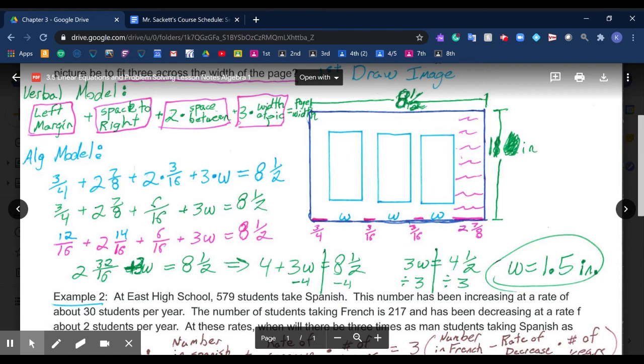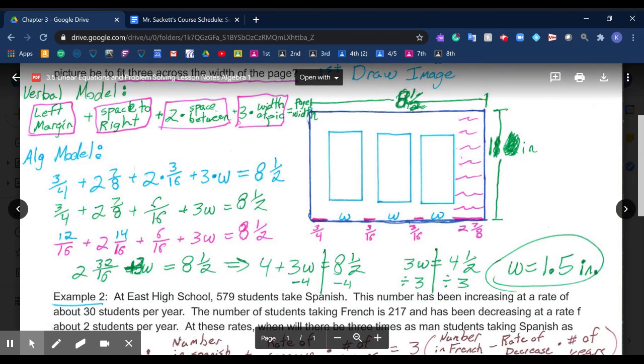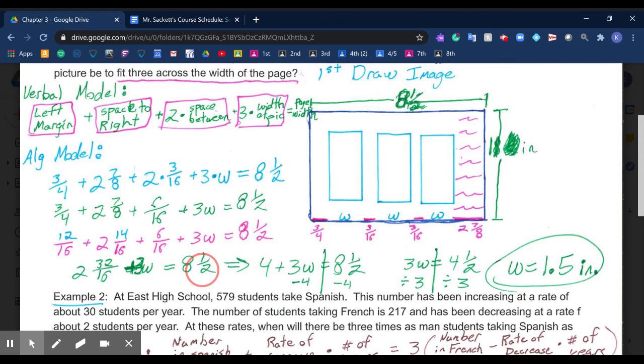And then the 6/16 just remains 6/16. So then if I add my 12/16, 2 14/16, and 6/16, I get 2 32/16, plus 3W is 8.5.